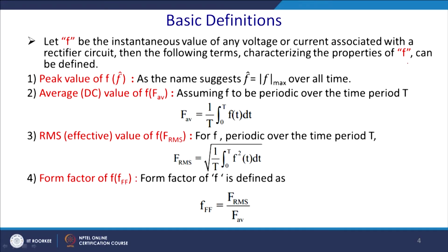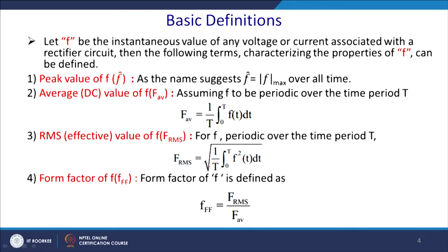Similarly, the average DC value, that is f suffix AV: assume f to be periodic over the time period T, and so f_av will be 1 by T integral 0 to T of f dt. And if it is the RMS effective value, then f will be periodic over the same period, and the expression of the RMS will be the square root of 1 by T integral 0 to T of f squared dt.